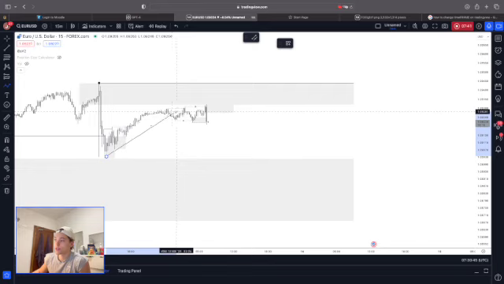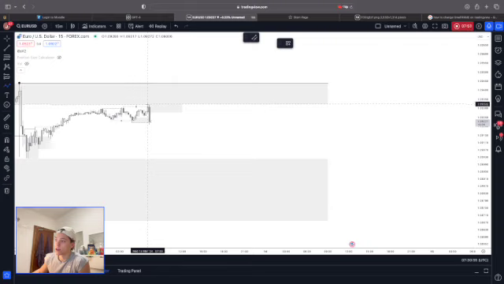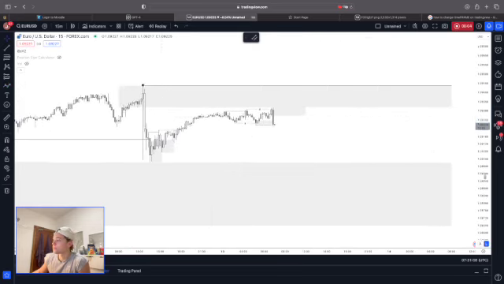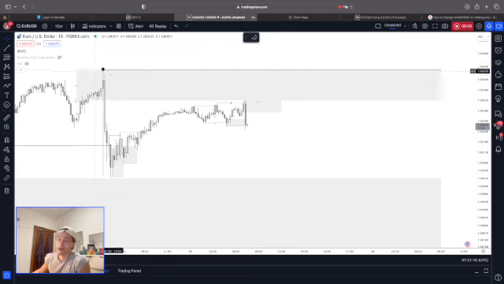But when you get this nice corrective pullback into the extreme zone and then get a bullish internal break of structure, confirming that this swing pullback is likely over, then I think that's pretty high confluence to take a short trade. So that's essentially what I'm looking at now. A few confluences there.